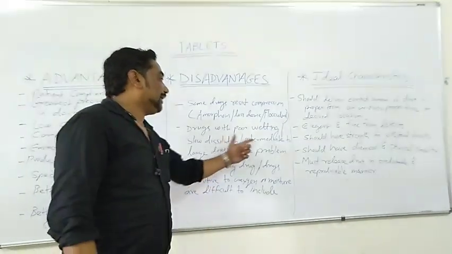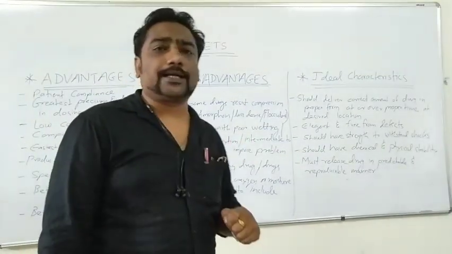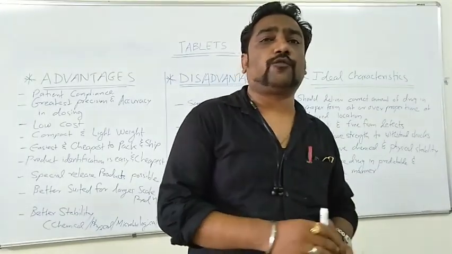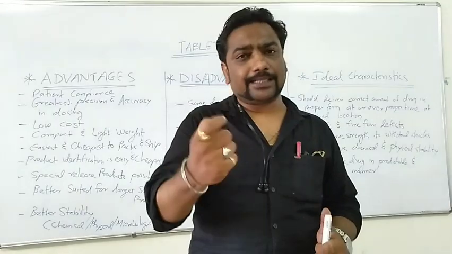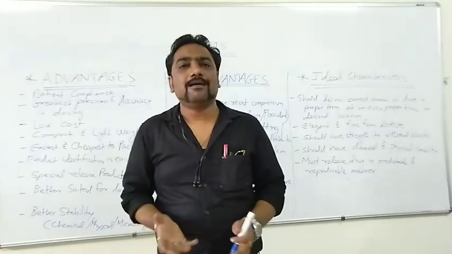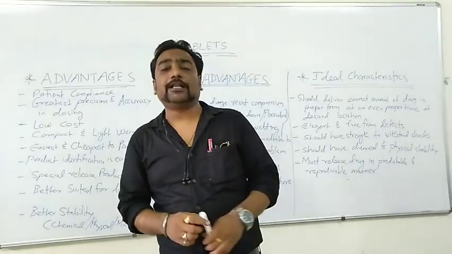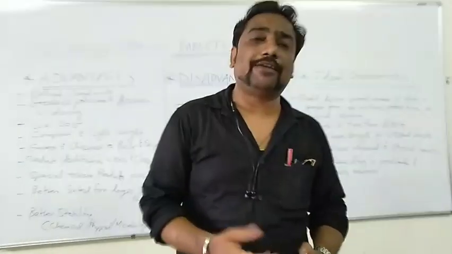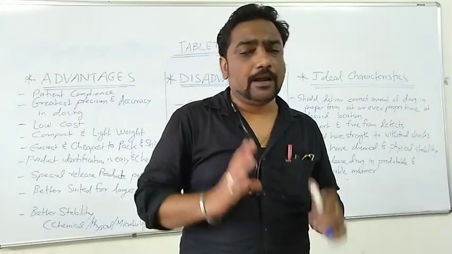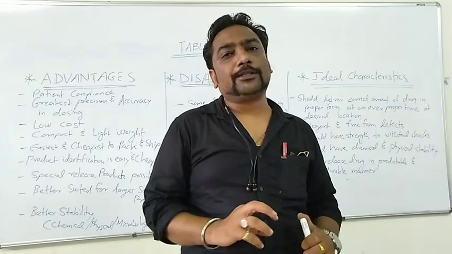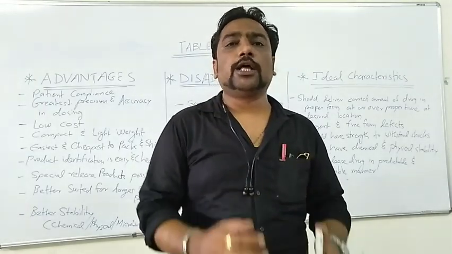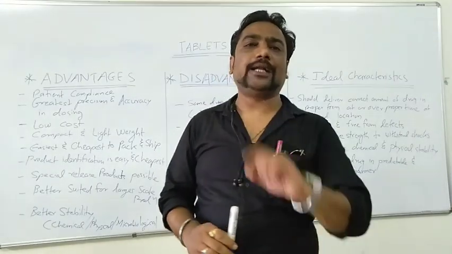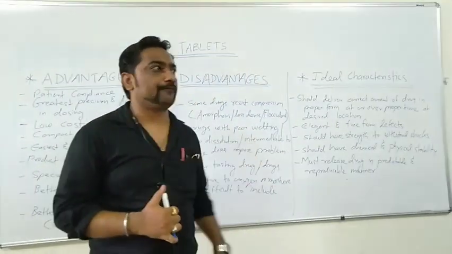Similarly, intermediate to large dose drugs require a tablet of a larger size, which could not be administered by a patient, and that will impose a problem. So drugs having intermediate to large doses, slow dissolution, or poor wettability could not be manufactured in tablet dosage forms. That is the second kind of disadvantage.